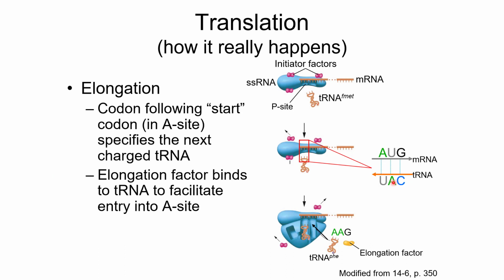So elongation: the codon following that start codon is now found in the acceptor site, so in the A site. And it's going to specify the next charged tRNA that can enter. Elongation factors are going to then bind to the tRNA and they're going to facilitate its movement into the acceptor site.